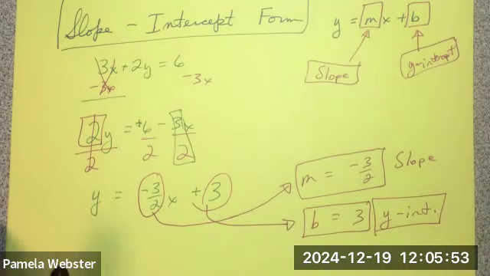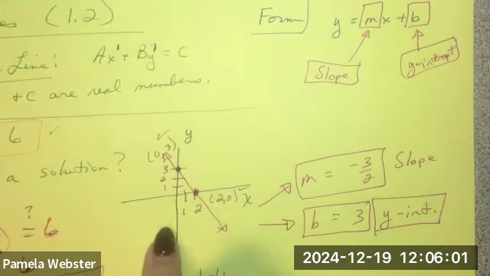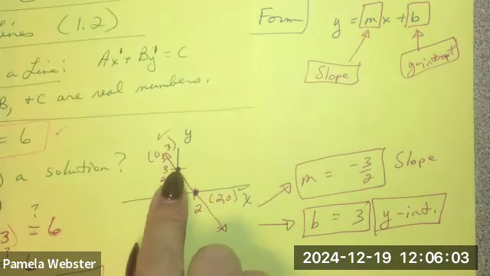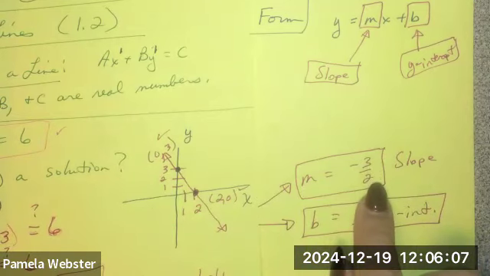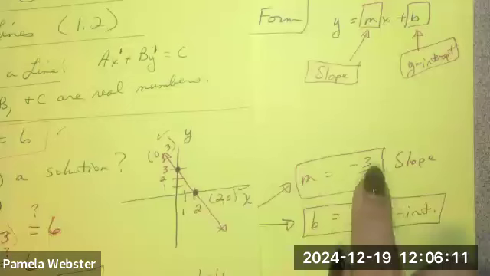So let's take a look real quickly at our graph that I had a minute ago. What we're seeing here is the y-intercept should be at y equals 3. There it is. And the slope is down 3 over 2. We'll talk more about slope in just a second. It's rise over run, right?